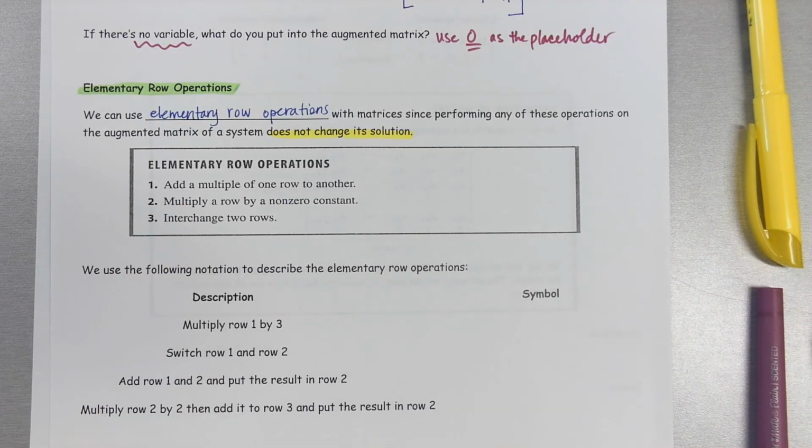So one thing we can do is add a multiple of one row to another. This is what we talked about when we talked about how we're solving those equations. When you're multiplying, it just has to be by something that's not 0, because if you multiply by 0, that does change the value.